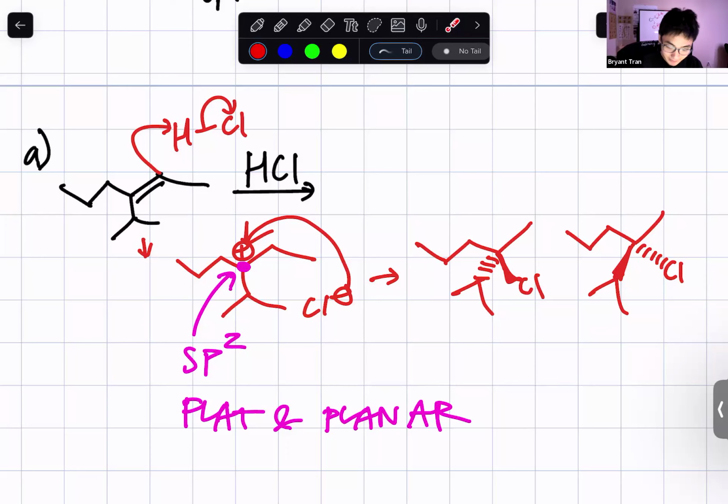Enantiomers. Yes, enantiomers, because the one chiral center here, that's the only one we have in this molecule, changes, and that means all of the chiral centers change, making them enantiomers of each other. You got it. And that would be a racemic mixture, because we'd get 50% of this enantiomer, 50% of that enantiomer.